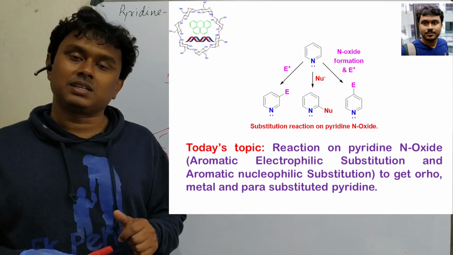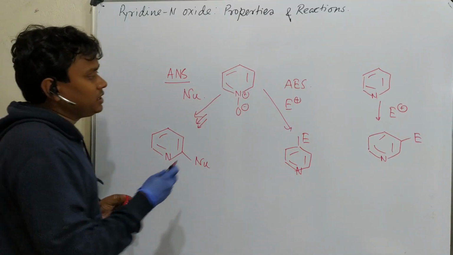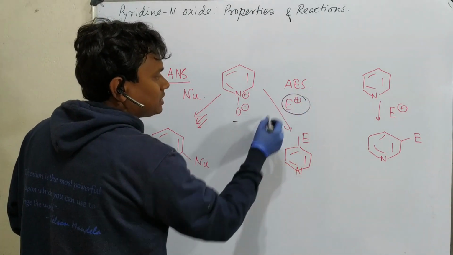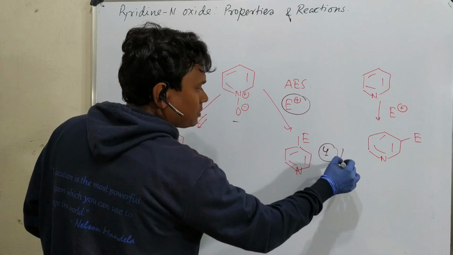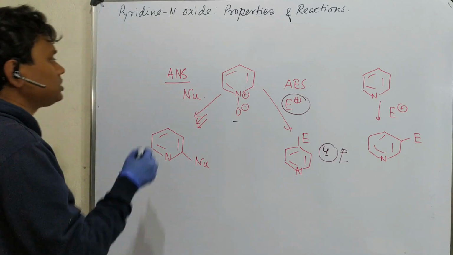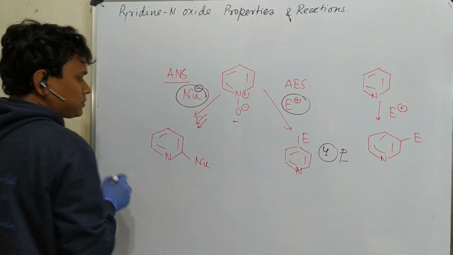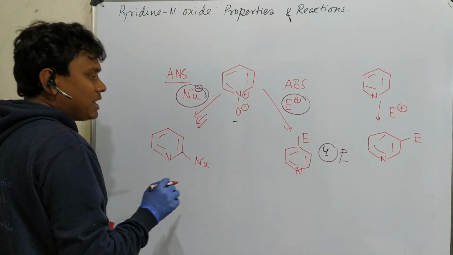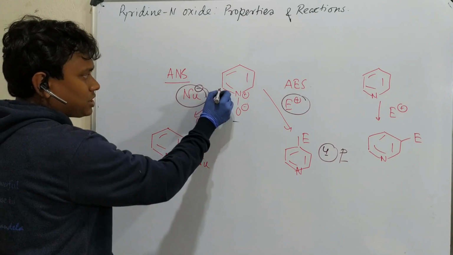Based on the previous day's discussion, we can conclude that if you take pyridine N-oxide and react it with an electrophilic reagent, then the electrophile will attack the 4 position, or para position. But if you do the reaction with a nucleophile, it is expected to attack the 2 position, mainly because of the minus I effect at position 2.